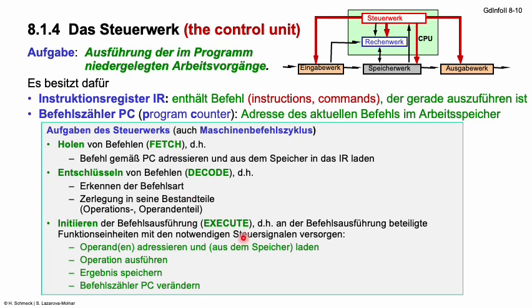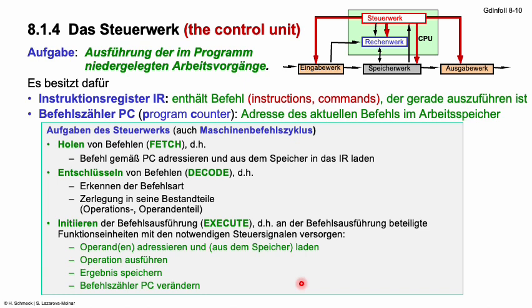And then we have the execution, where the control unit of the CPU passes the information decoded in the step before as a sequence of control signals to the relevant functional units of the CPU to perform the actions required by the instruction.